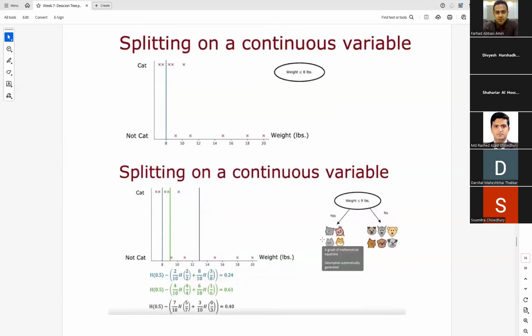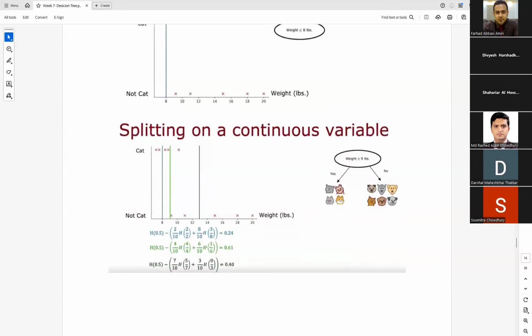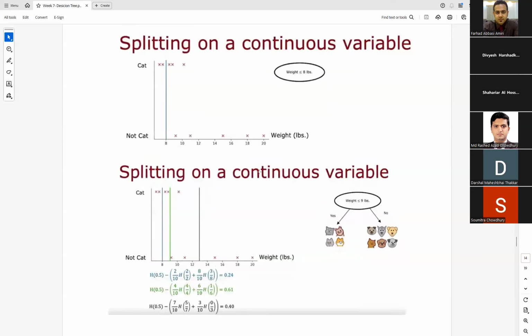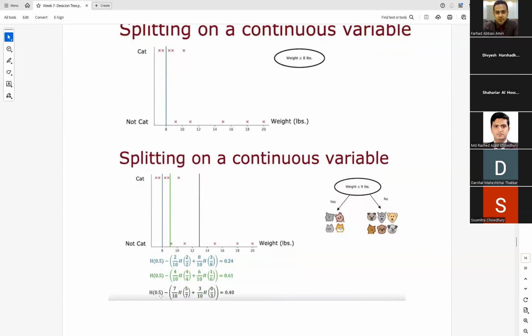You can have different choices, 8, 9, 13. The same way that we did for choosing a feature, we calculate the information gain. We calculate the information gain for 8, when the threshold is 9, and when the threshold is 13.